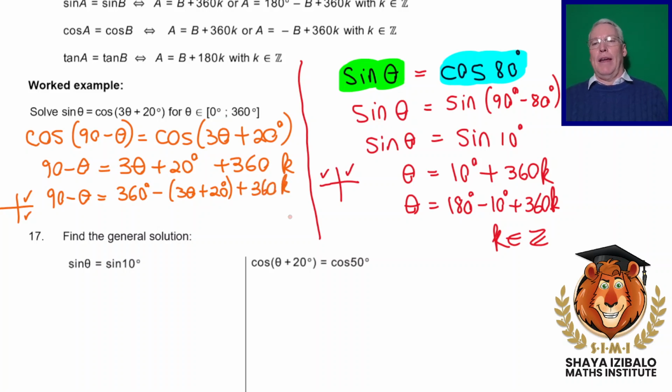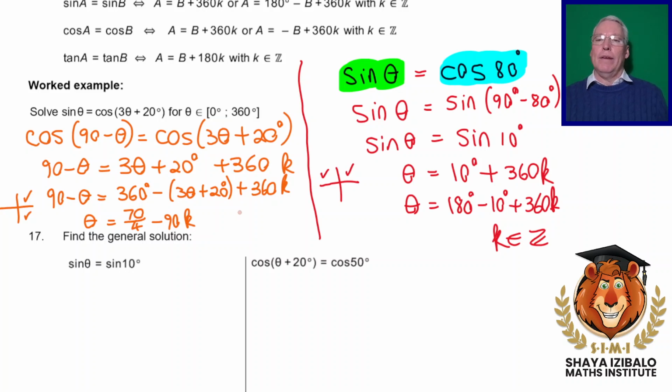Okay, and so we're running out of space a little bit here, but the top one becomes minus 4 theta, and here we got minus 70. So when we divide through by minus 4, we get 70 over 4 minus 90k.